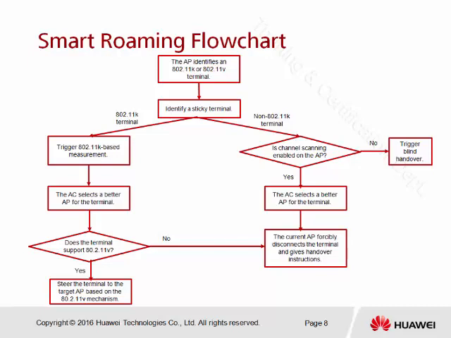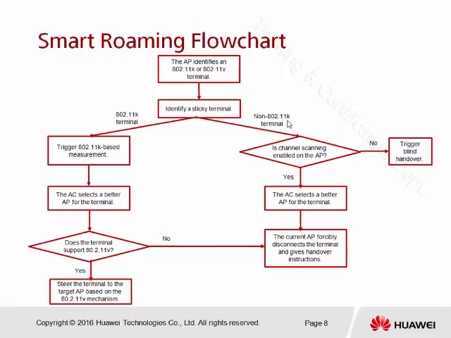The next case happens when the terminal, the PC itself, doesn't support 802.11k. That means the AC and the AP cannot keep track of the statistics from the client. So what they can do is check whether the AP has already enabled the scanning mode or not.